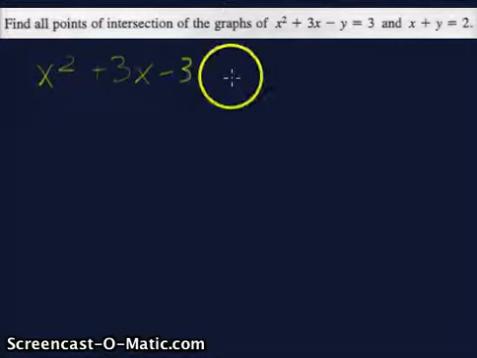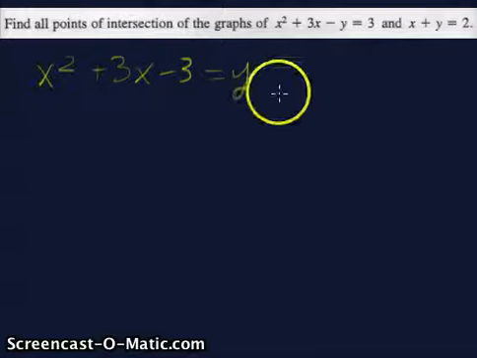3. Here we have this equation: x squared plus 3x minus 3 is equal to y. And then we have this other equation.